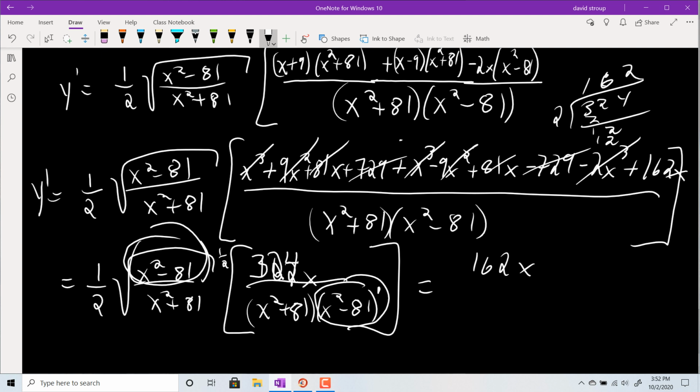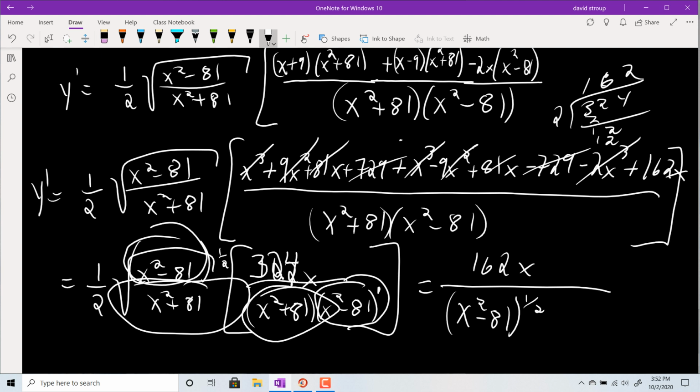So if you bring the x squared minus 81 to the 1/2 down, you'll have x squared minus 81 to the 1 times x squared minus 81 to the 1/2, which will just leave you with x squared minus 81 to the 1 minus 1/2, which is x squared minus 81 to the 1/2. And likewise with this thing, this times this, the first power is 1/2, the second power is 1. If you add the exponents, then you get x squared plus 81 to the 3/2. And that's how they got their answer.